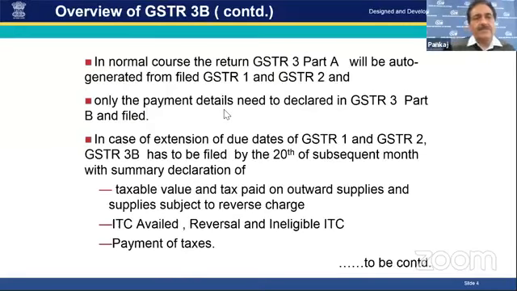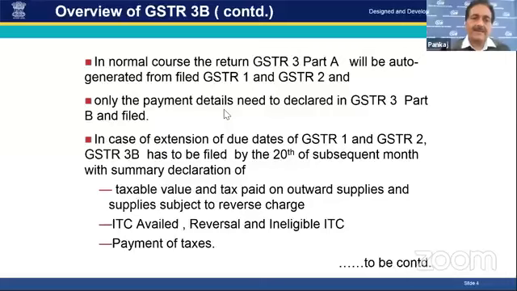And in the normal course, suppose GSTR 1 and 2 would have been filed, then while filing the GSTR 3, Part A should have been auto-populated from the filled up entries of GSTR 1 and GSTR 2. And only the payment details need to be declared in GSTR 3 and filed. But in this case, for the month of July, many taxpayers have not filed GSTR 1 and are still in the process of filing GSTR 2.